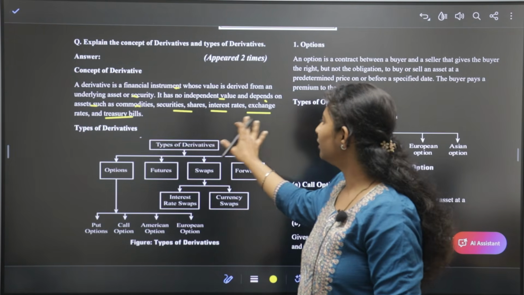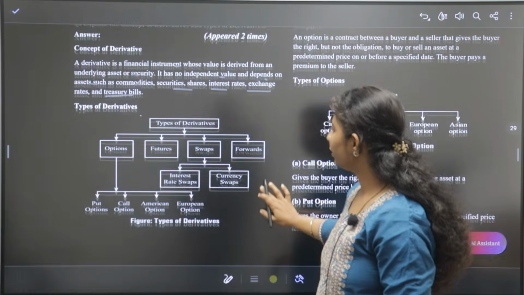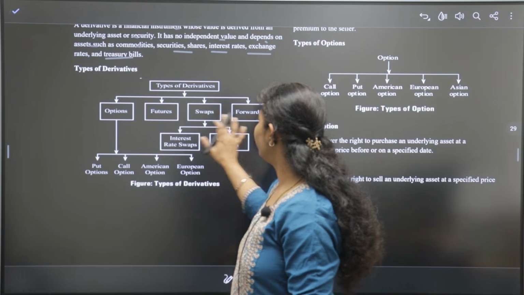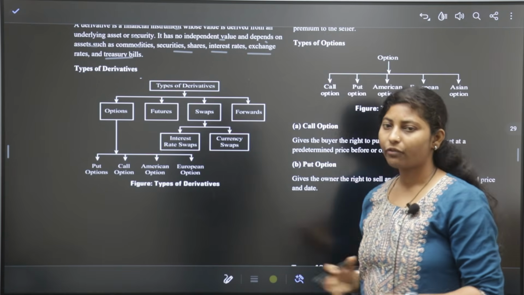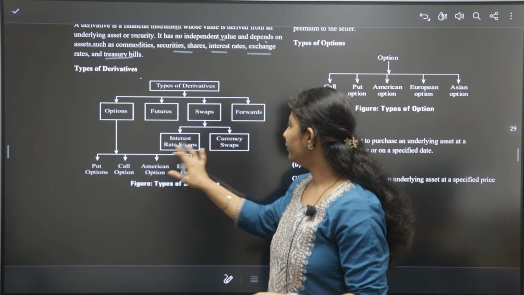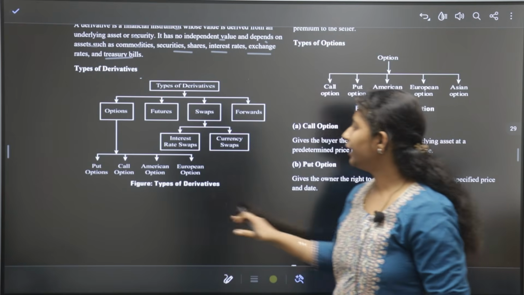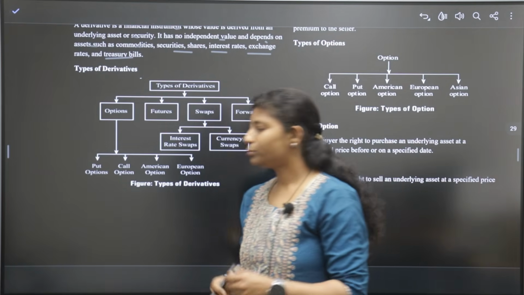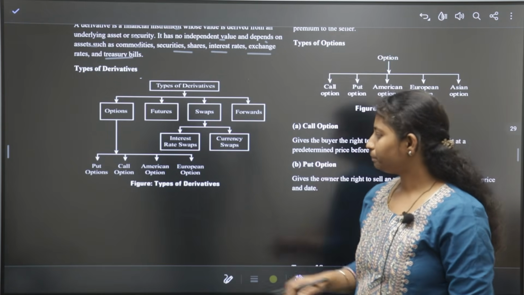These are all the terms that come under derivatives. In types, you have four main types of derivatives: options, futures, swaps and forwards. In swaps we have interest rate swap and currency swap. We'll discuss one by one clearly. And in options we have put option, call option, American option and European option.